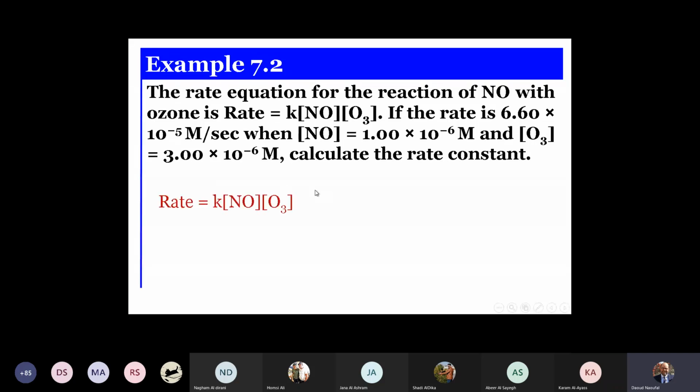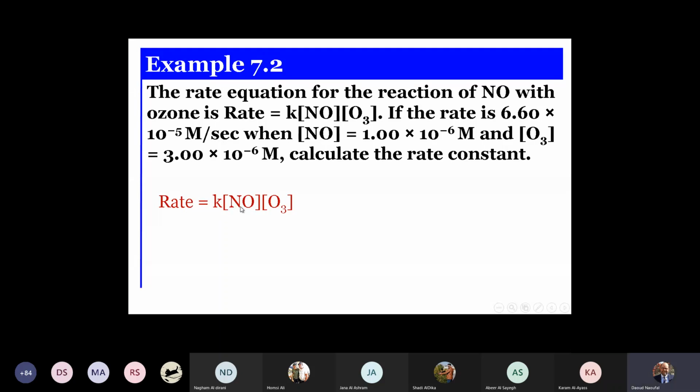So first of all, we have to write the rate law expression given: R equals K [NO]^1 [O3]^1. This expression can be applied at any time of the same experiment of the reaction. We could not use NO from experiment 1 and O3 from experiment 2 to define the rate law expression.